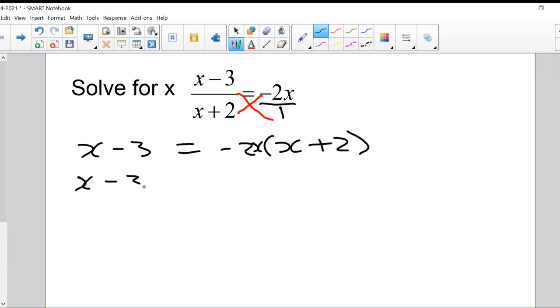So x minus 3, and I'm going to expand this. I'm going to take this times that and that times that. So it's going to be minus 2x squared minus 4x. That's just distributing that minus 2x into the bracket.